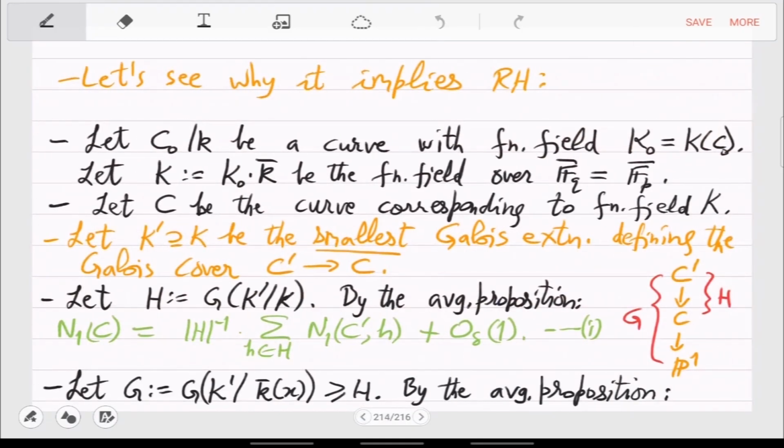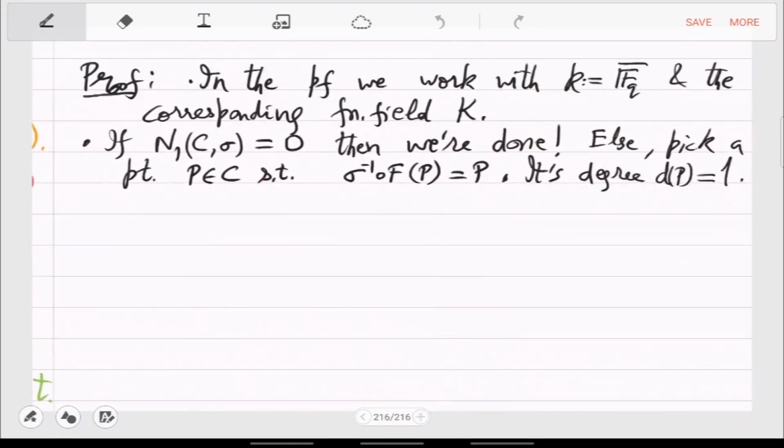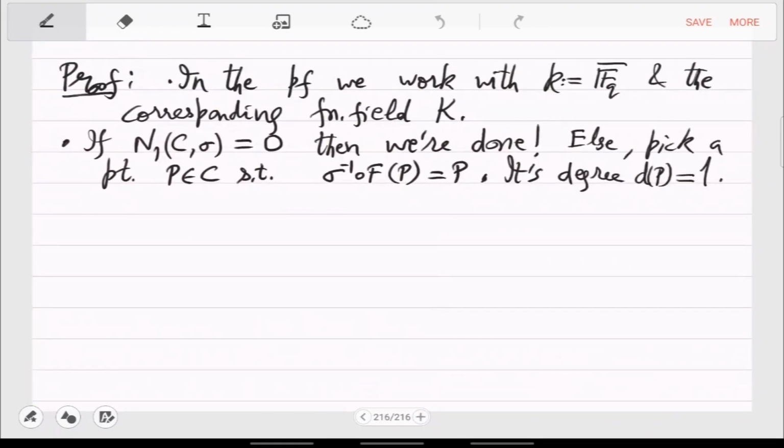Here also k bar is needed because, in the proof I am not using anything here, but okay, let me not get into this, let us just move forward. So this point has degree 1.